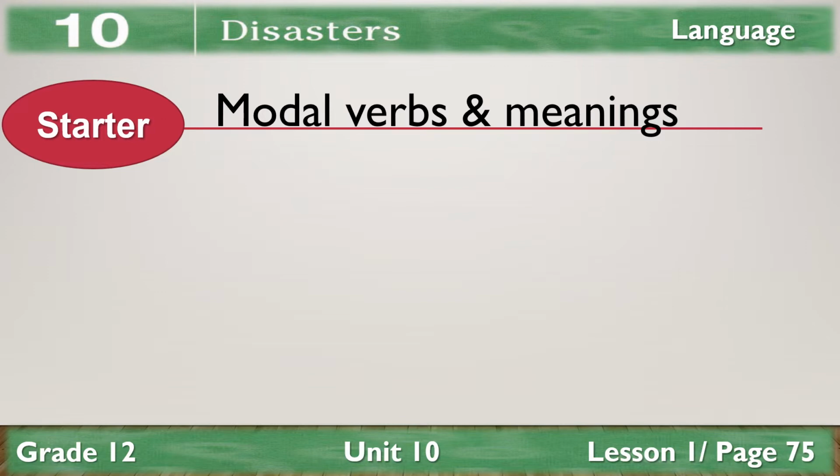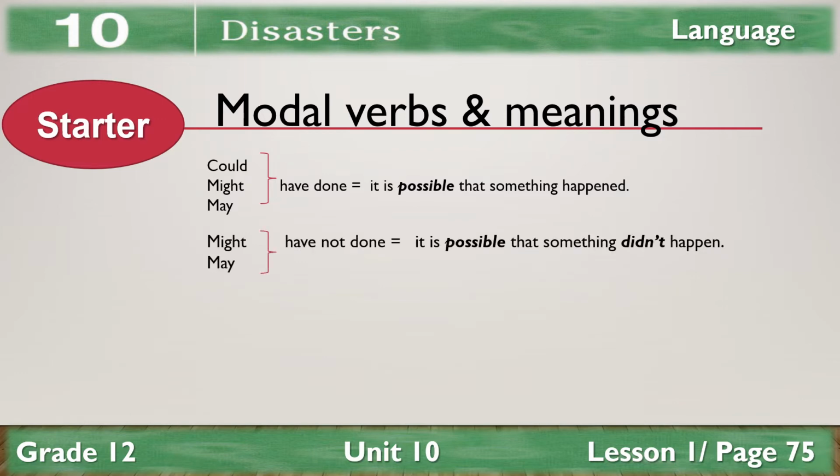In our starter for today, we have to find out the meanings of the following modal verbs. Could, might, and may have done means it's possible that something happened. Might and may have not done means it's possible that something did not happen.